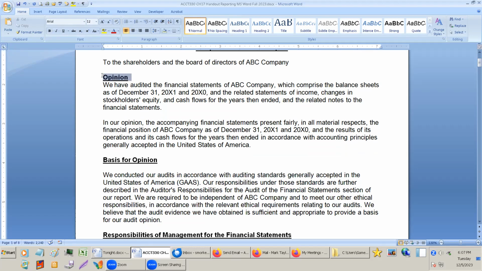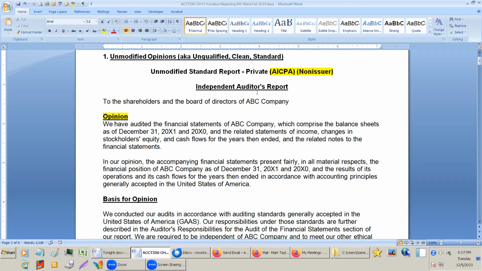And I think I told you guys this before, maybe I didn't, but the report must be in this format. You can lose your license if it's not. So this is a standard kind of boilerplate report. This is what they would call an unmodified report. In other words, there's no bad things happening with it.